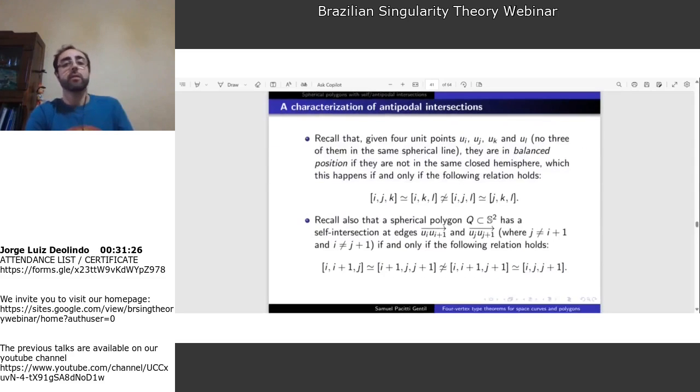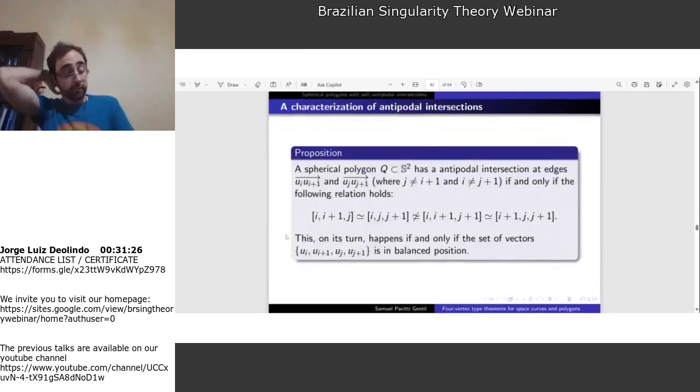So recall that we already had a determinantal characterization for the balanced condition hypothesis, and we also had another determinantal relation, but for two edges having a self-intersection. So this was just to recall. And then we want to have another relation that encodes the fact of the polygon not having or having antipodal intersections.